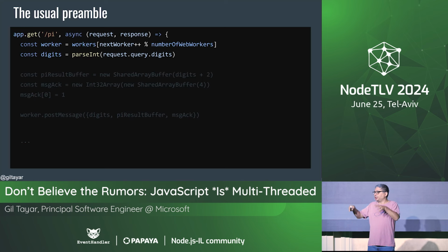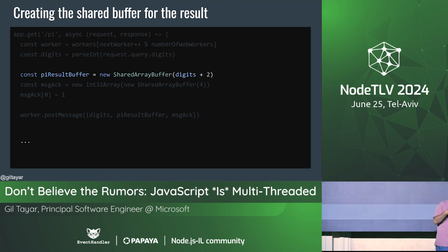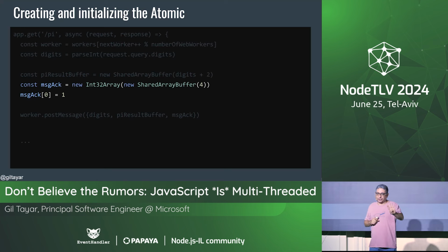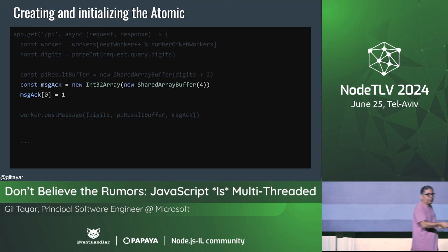As usual, we choose a worker from the worker pool using round robin, and create a pi result buffer with a shared array buffer, just like last time, so that the result will get into this buffer. And then we create an ACK buffer of size 4 for 1 int. We create it as a new shared array buffer, but we can't insert into the shared array buffer as it is.